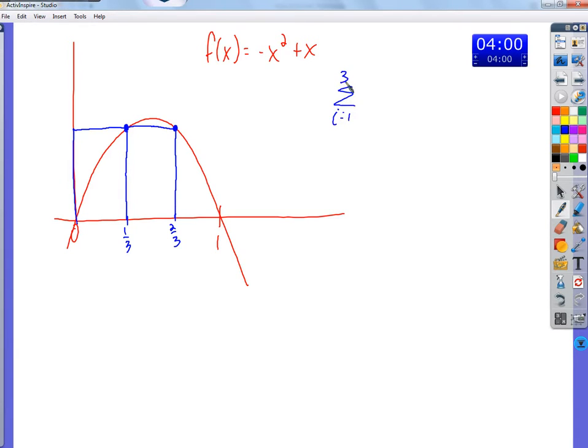Okay. Well, how do we decide what we plug in, or what the height of the rectangle is going to be? We can choose everything. Now you plug the x into the function, right?